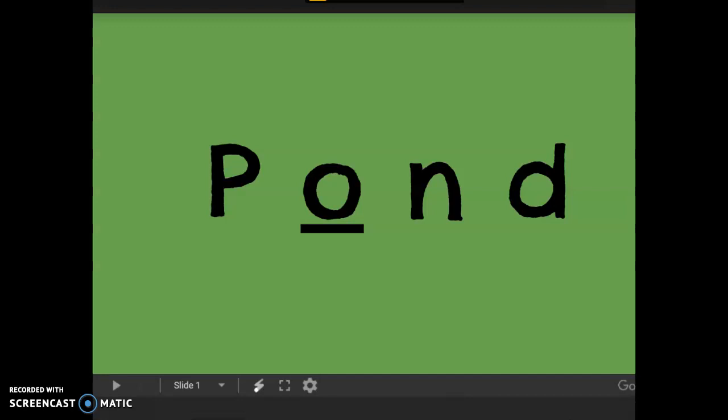Okay, so you see that I have a slide that I made that has the word pond in it, and I have underlined the vowel. So go ahead and read the word and tell me what letter says ah.